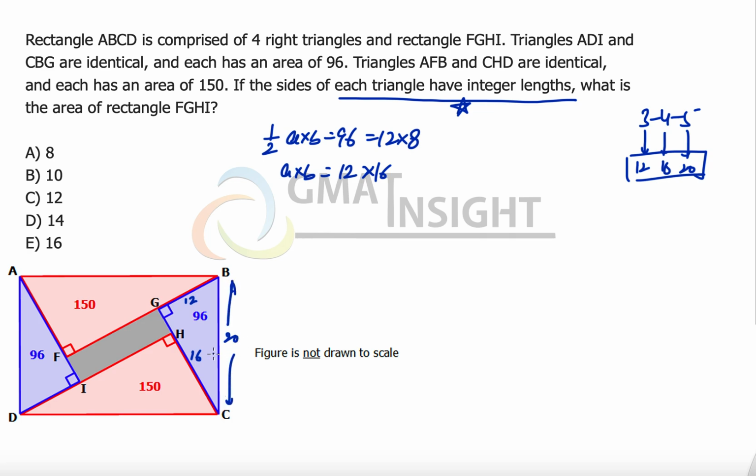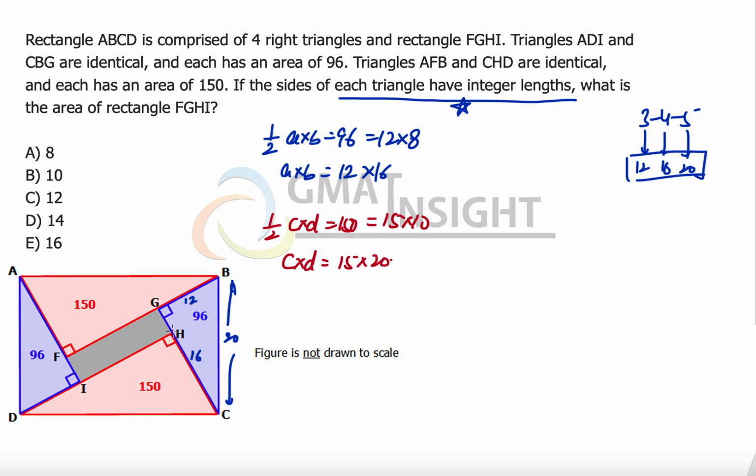We are not saying that these are for sure the sides. Similarly, when we look at the other triangle, which has area 150, half of C multiplied by D is equal to 150. 150 can be written as 15 multiplied by 10, which means C into D can be written as 15 multiplied by 20.